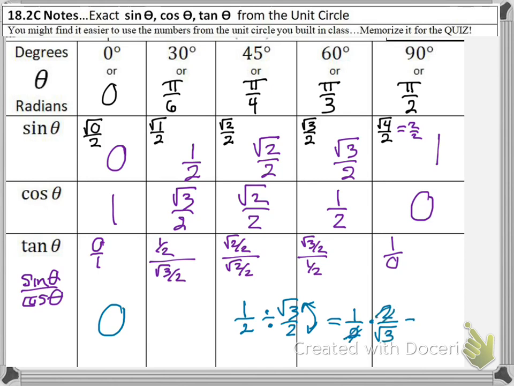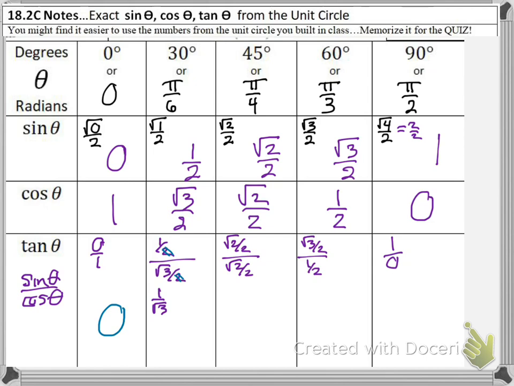Cross out the 2's, get 1 over root 3. I don't really want to do all that. Shorter way to look at that is, if they both have 2, cross out the 2's, and then you're working on 1 over root 3.